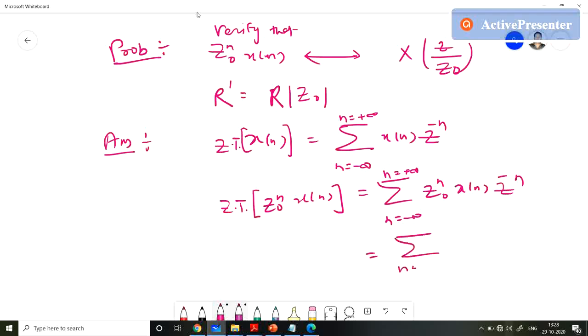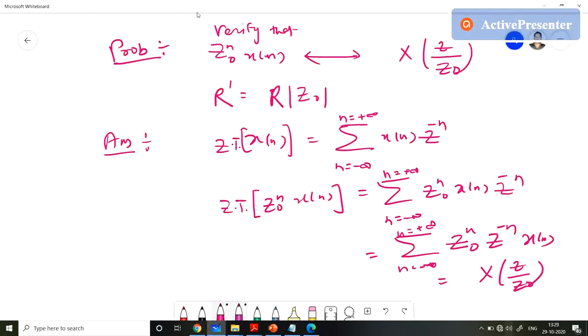These two terms we can combine together, and we get z0 raised to the power n, z minus n, x[n]. Now what we can do here, we find that it is nothing but X(z divided by z naught).